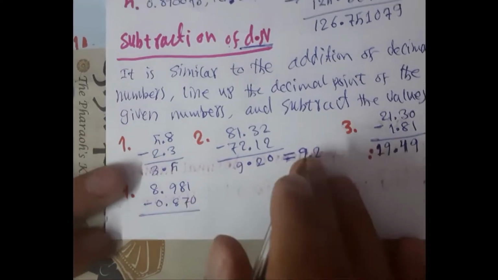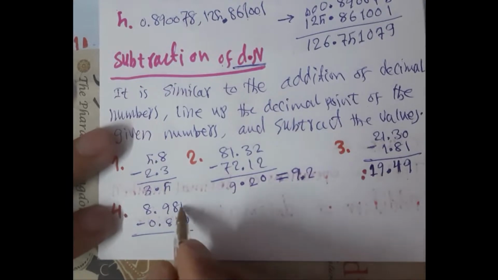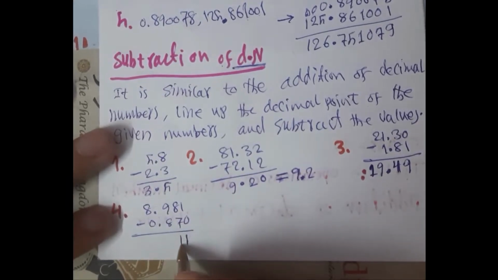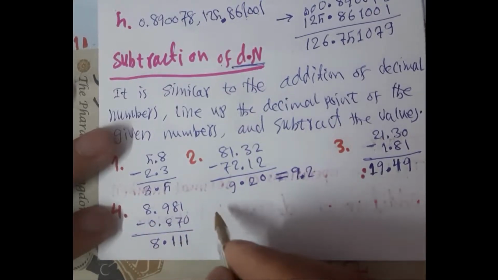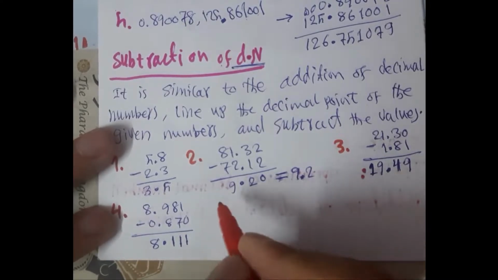So 1 minus 0, 1. 8 minus 7, 1. 9 minus 8, 1. Decimal point. 8 minus 0, 8. 8.111.